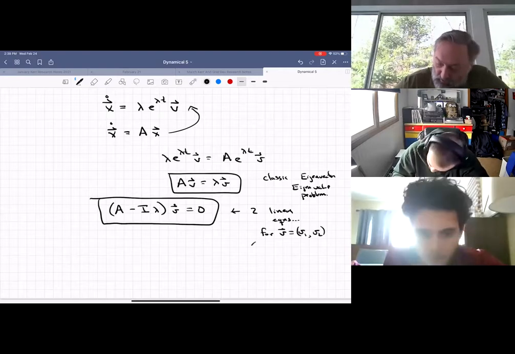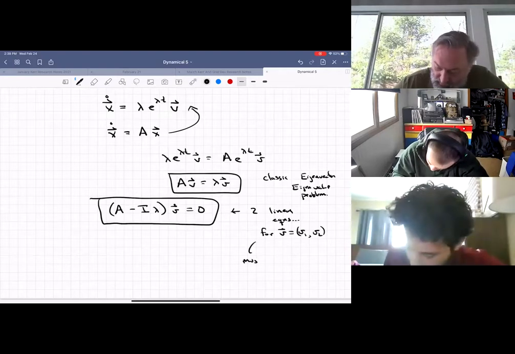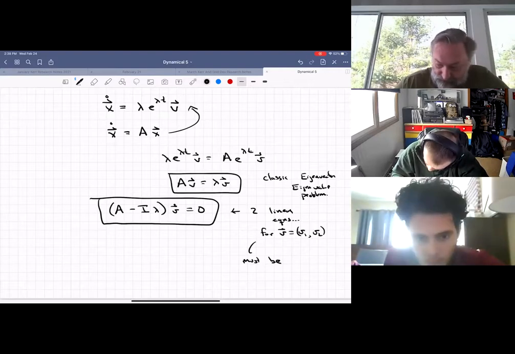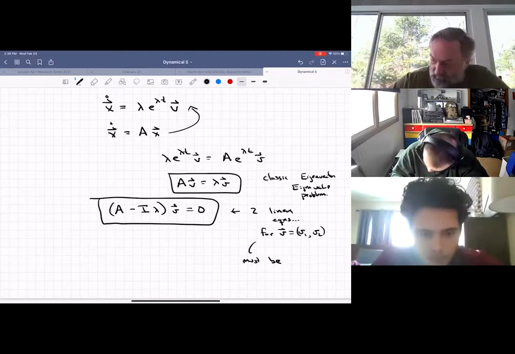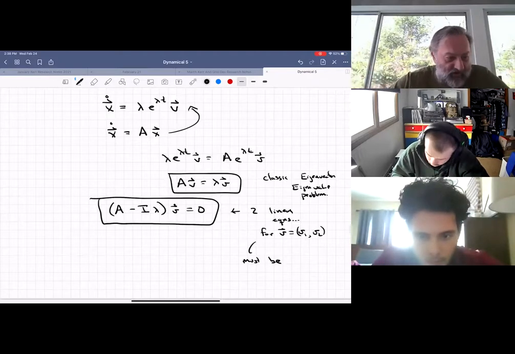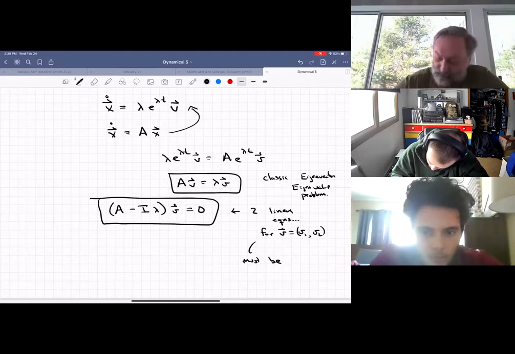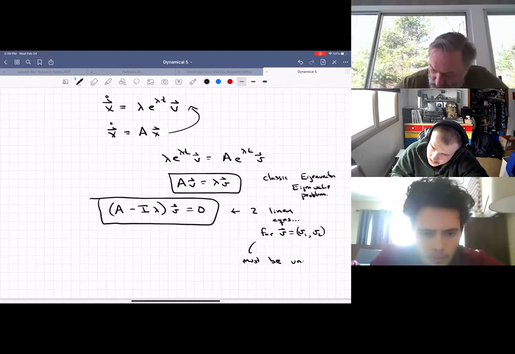And those two linear equations must have the same content. They have to be underdetermined, I guess would be one way of saying it.